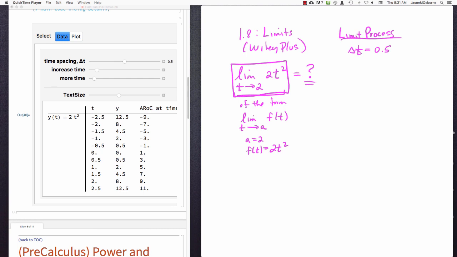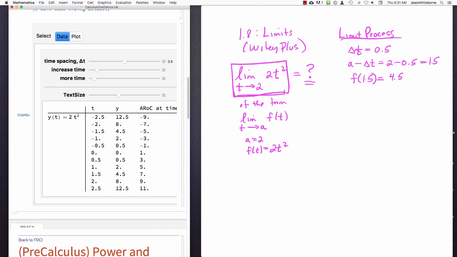If we choose delta t equal to 0.5, then we take our point of interest, a minus delta t, which is 2 minus 0.5, which is 1.5, and evaluate the function at 1.5. We can see on the screen that the value of our function at 1.5 is 4.5.